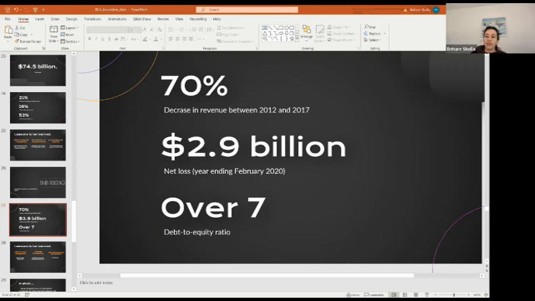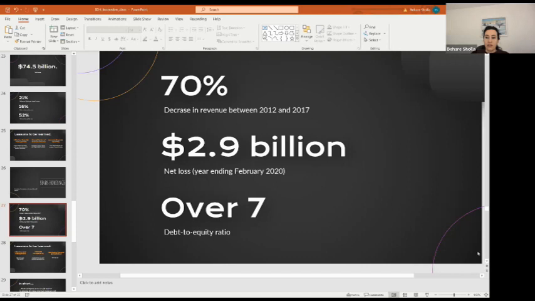So what can we say? We say that Sears Holdings had declining revenues. This means that the company was losing customers, and also the sales were decreasing.